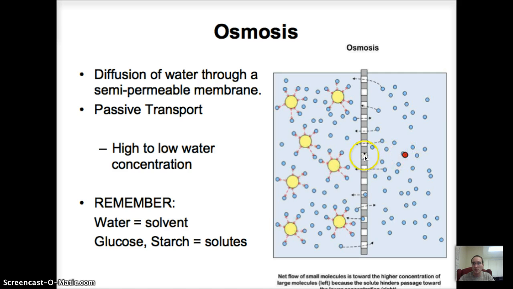So water is going to move from a high concentration to a low concentration, just like diffusion. So it's the same thing, only it's the movement of water. So water here is our solvent, and the glucose or the starch, that sugar molecule, is our solute. Other than that, they're the same thing, and both of them are passive transport.